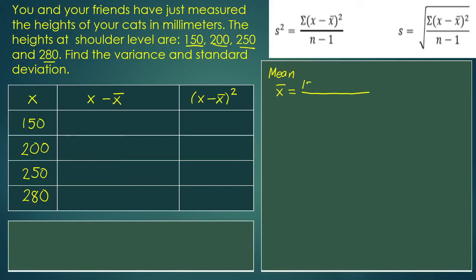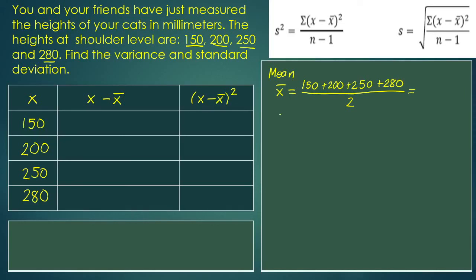So 150 plus 200 plus 250 plus 280, divided by 4. What is 150 plus 200 plus 250 plus 280? How much is that?